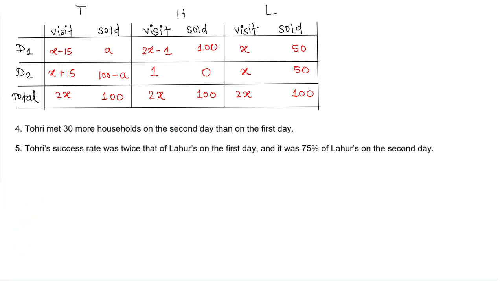The fifth statement says that T's success rate was twice that of L's on the first day. On the first day, the success rate of T, the formula to find success rate, is equal to the total number of articles sold divided by the total number of visits. It is given in the paragraph over here.